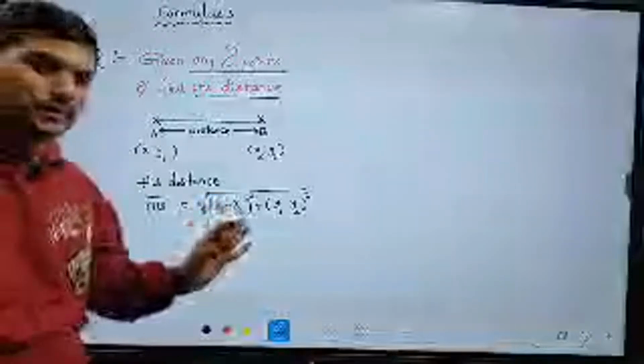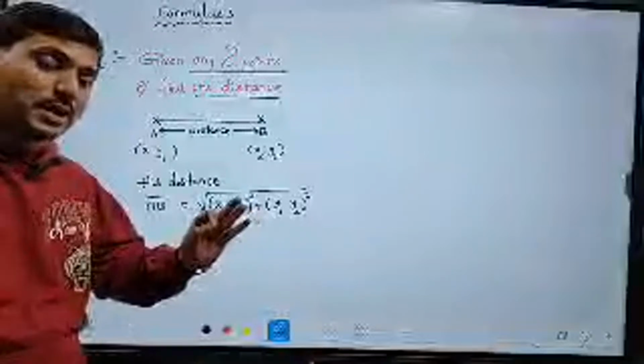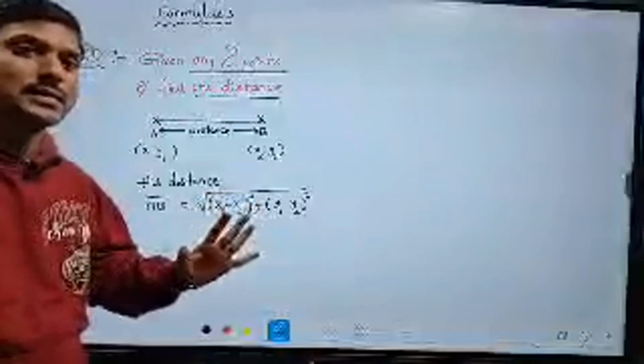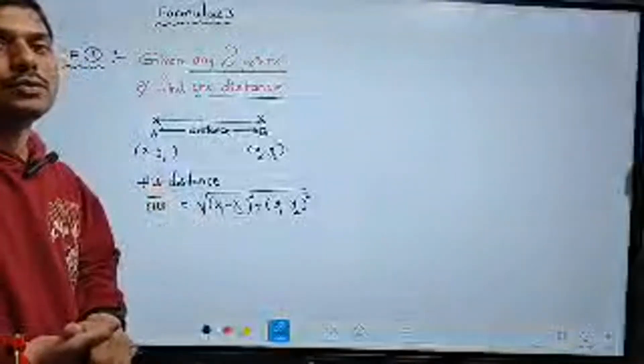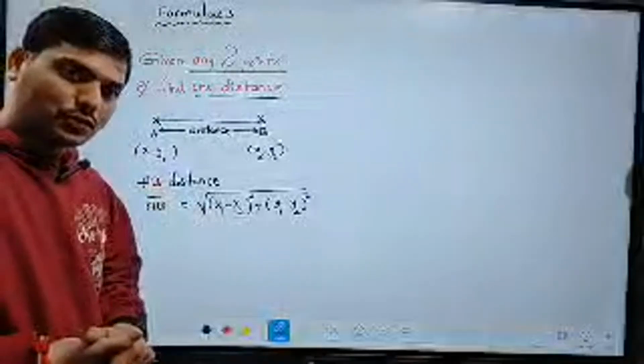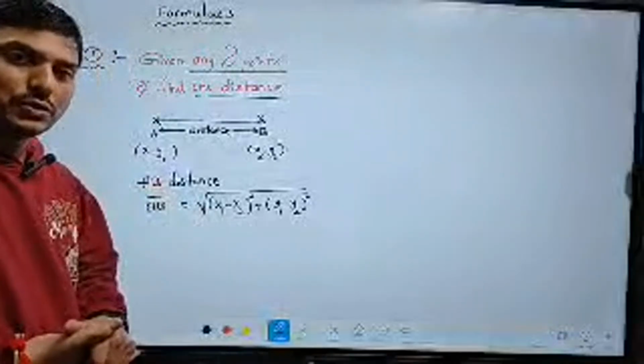Given any 2 points, find its distance. Those points are represented as capital A, capital B. The distance formula is AB equal to the square root of (x1 minus x2) whole square plus (y1 minus y2) whole square.